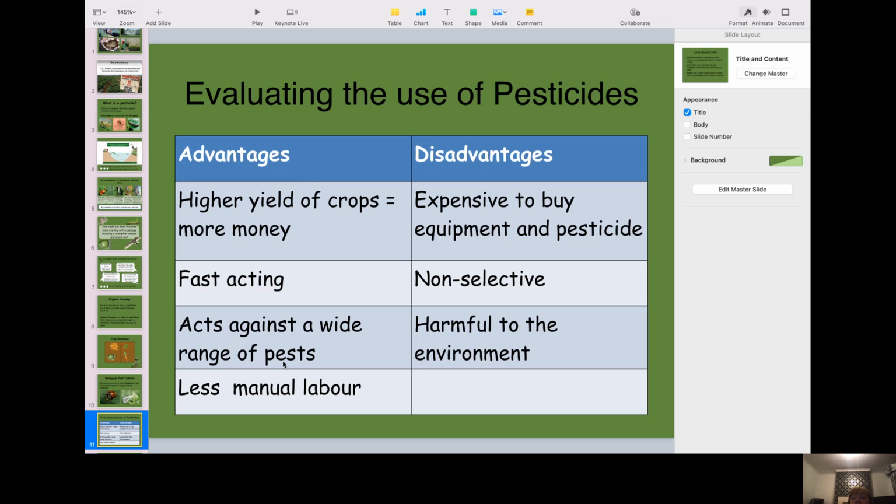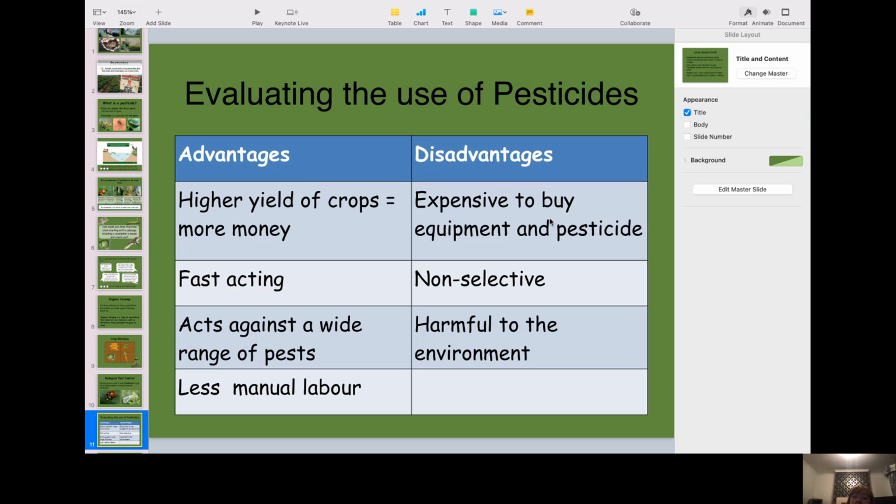So if you've got one particular kind of pest, it doesn't matter. You can spray and you can get rid of all of the pests. Whereas if you were going for the biological method using ladybirds, the ladybirds only prey on aphids. And it's less manual labour. As you saw, they had huge tractors spraying fields, and in some places they have aeroplanes, crop dusters.